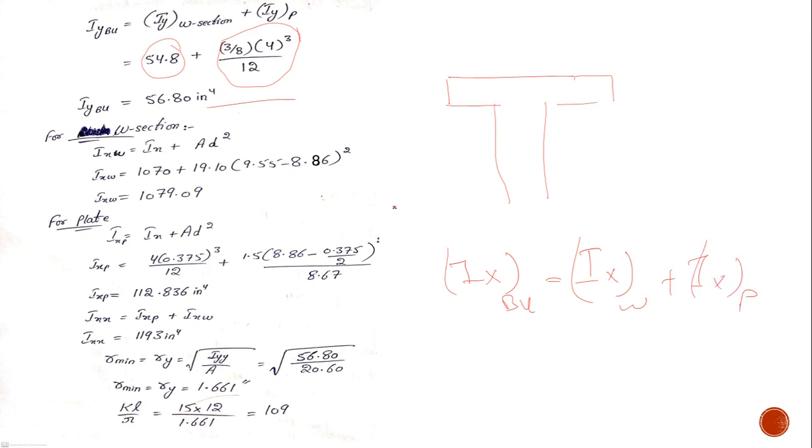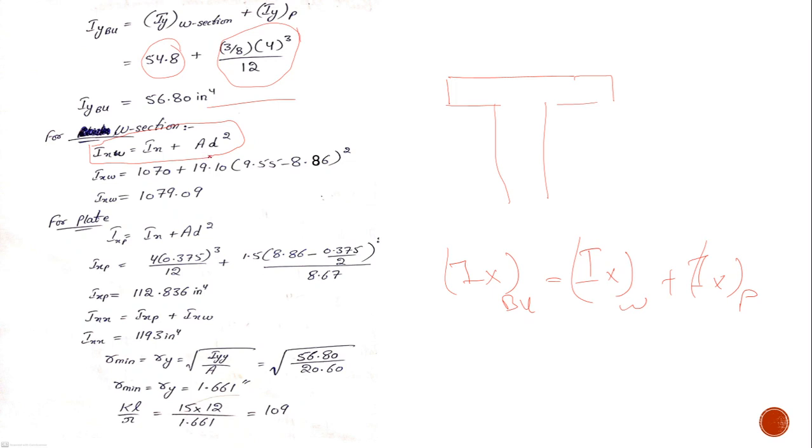So I have split it here. First I have found the Ix of W section, and then I have found the Ix of plate. But the formula to be used for each of them would be this. This is a very famous formula, and you should know this is second moment of area. A is the area of that W section, and D is actually the distance between centroid and neutral axis.